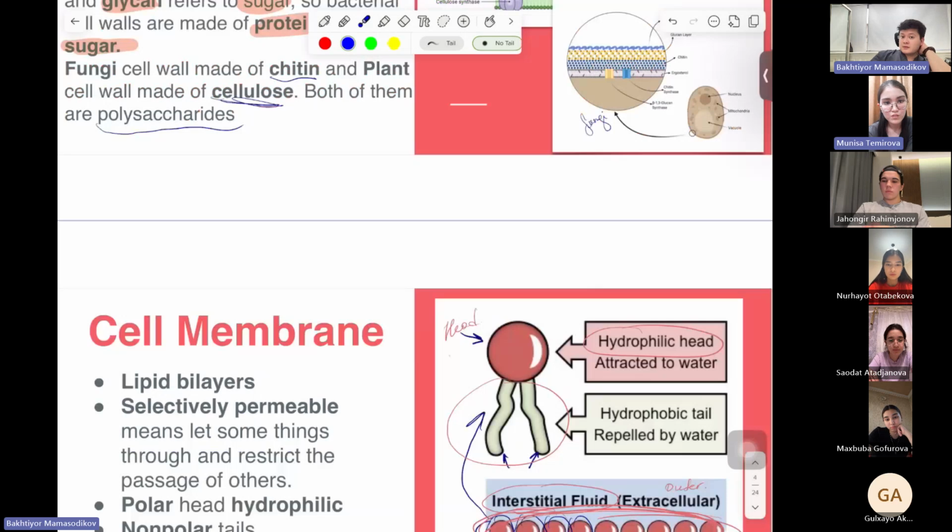I'm confused. This is cell wall, right? This is not confusing. This is the first time you're learning. If you repeat it tomorrow morning and this evening, you're going to understand everything for sure. It's just a terminology related problem. Okay.